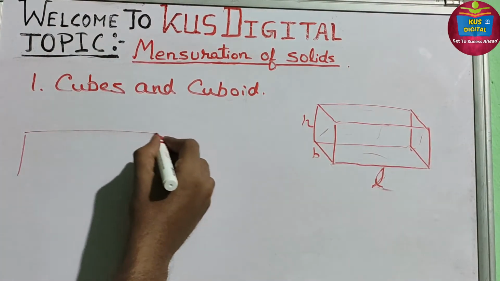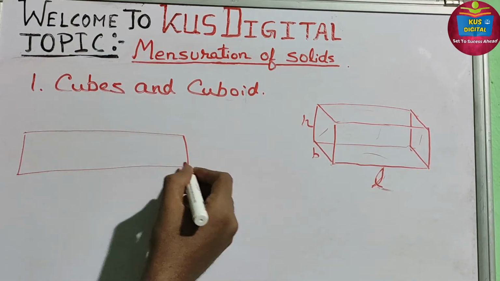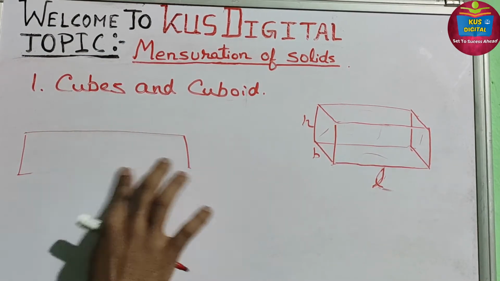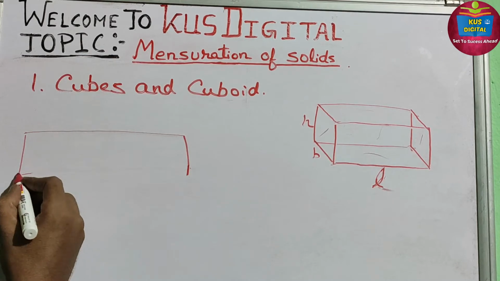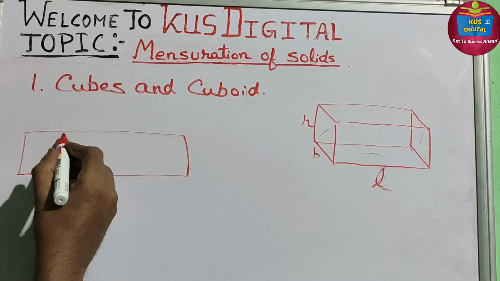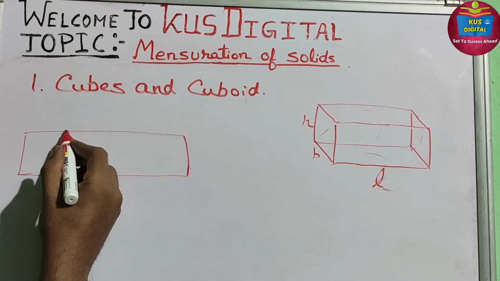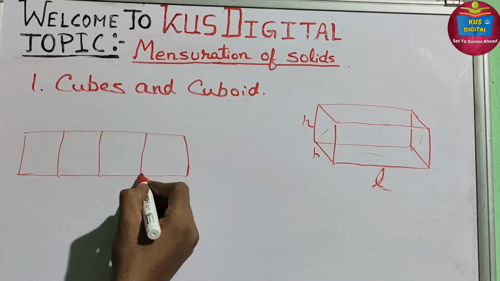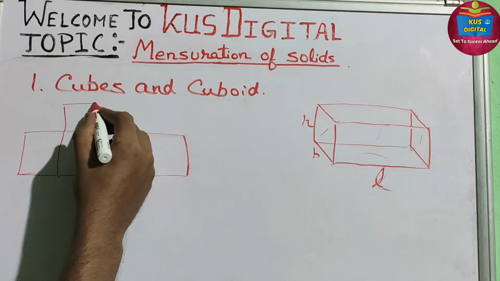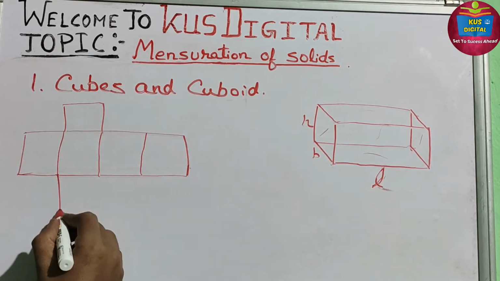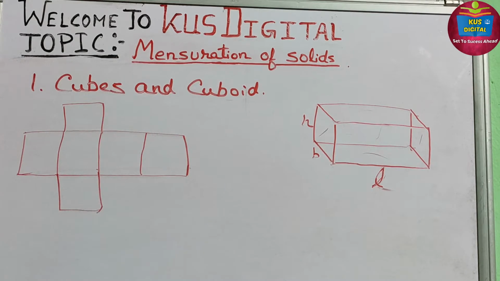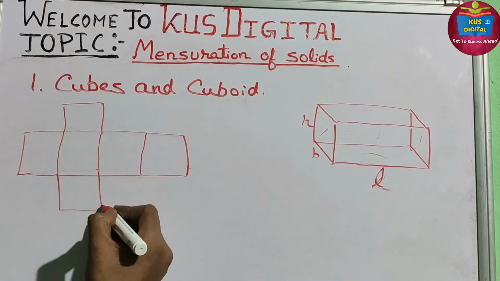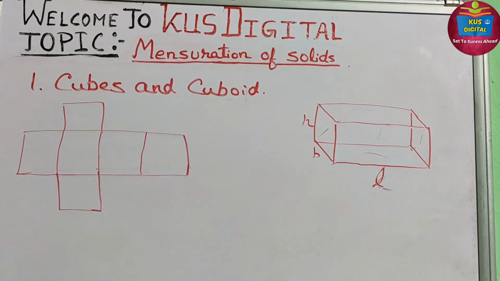We will get a structure like this. So I have unfolded this cuboid.